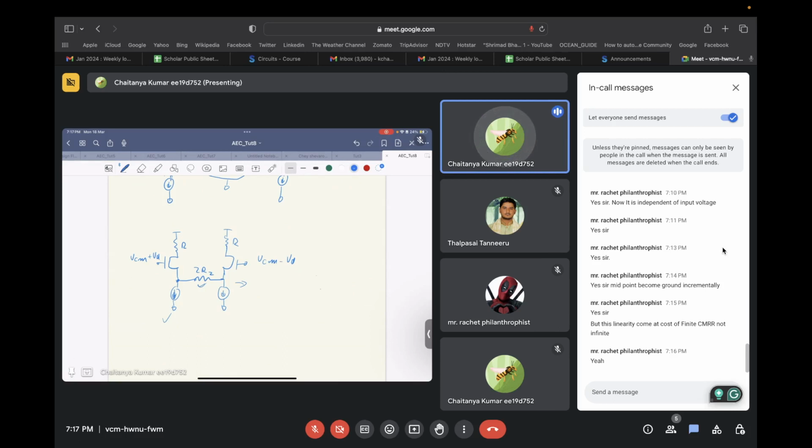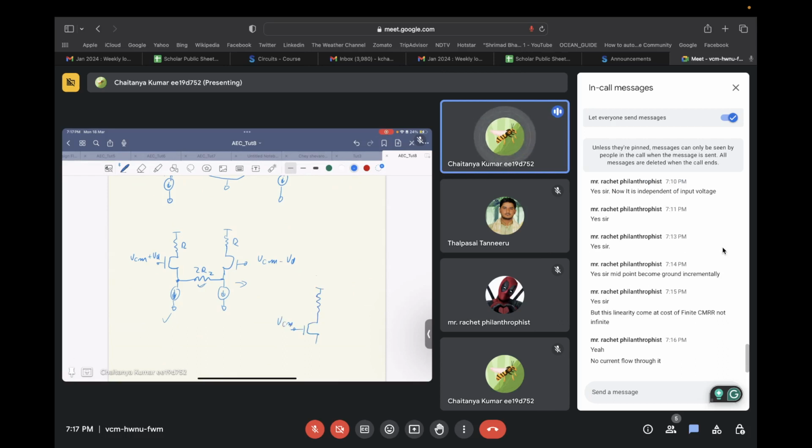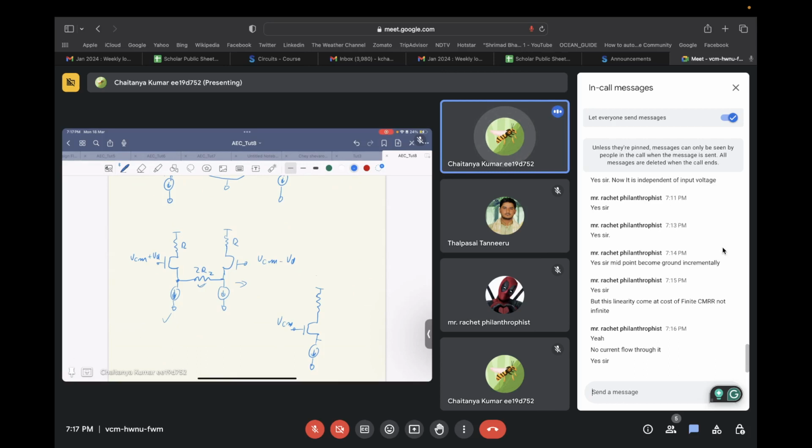So you basically have this VCM, and you still have CMRR as infinite. Incrementally, CMRR will definitely be infinite.